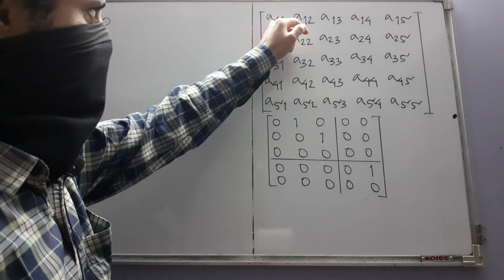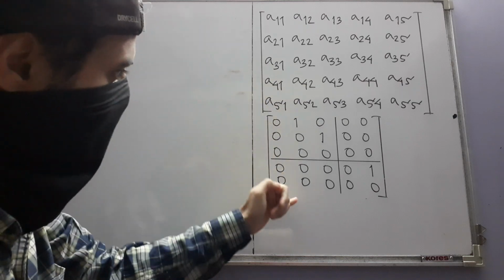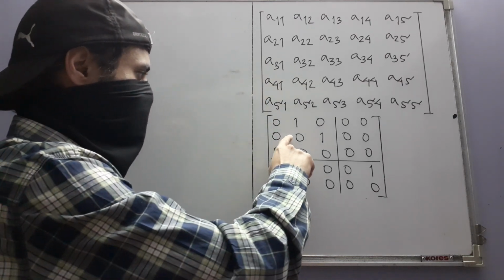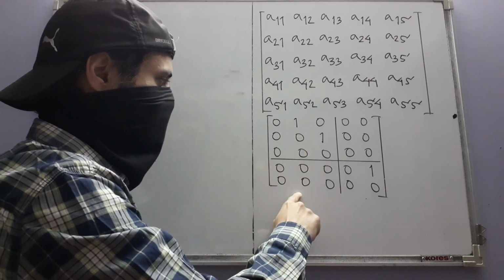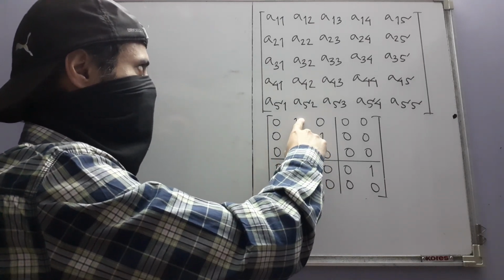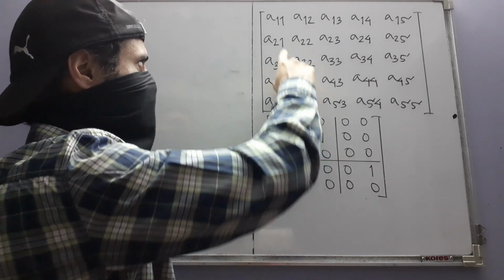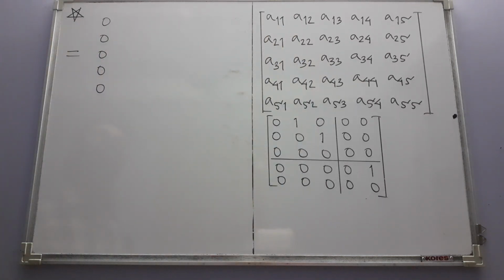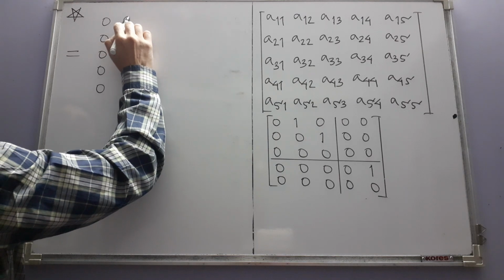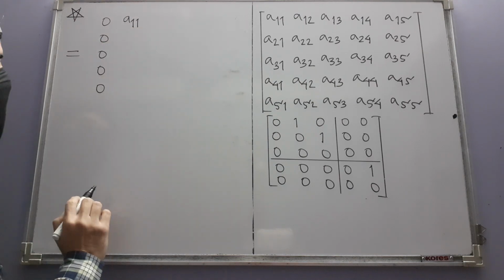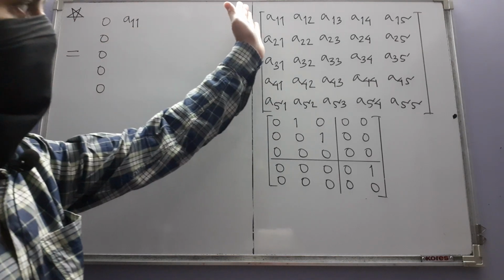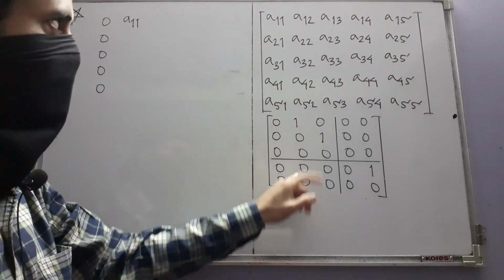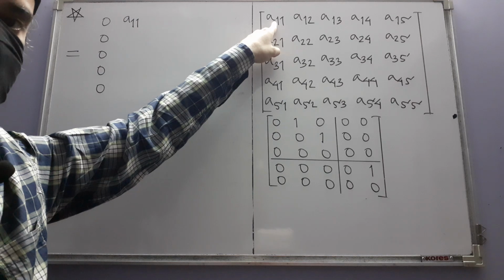Then first row times second column, and when you do this product, almost every entry of this second column is 0 except the first one, which will get multiplied with this A11. So this will be A11. In other words, this row, when I multiplied this by this second column, I got the first entry of that row.